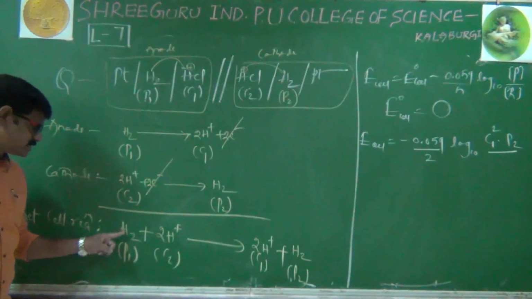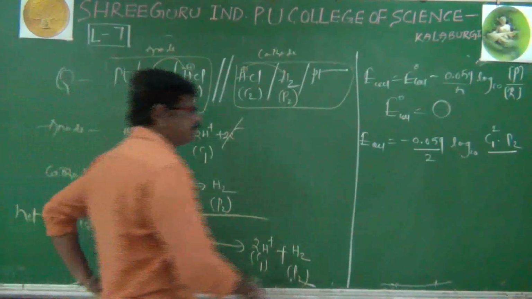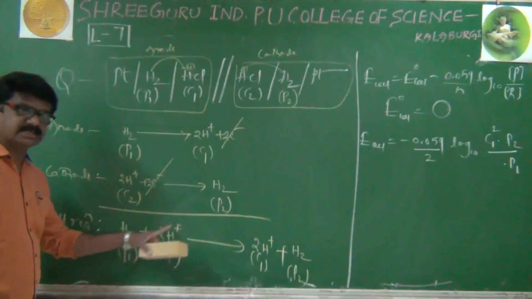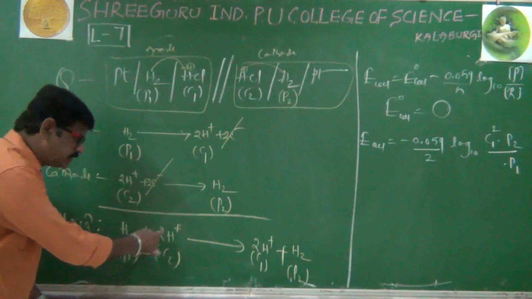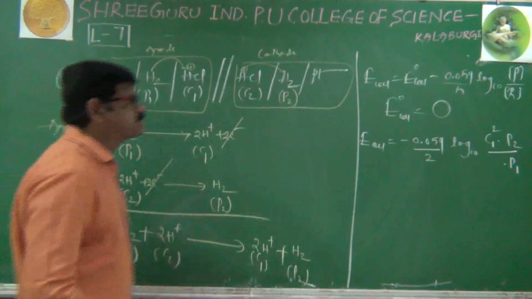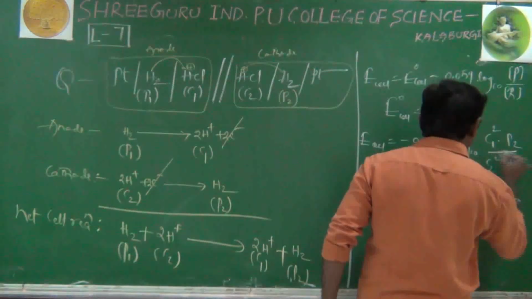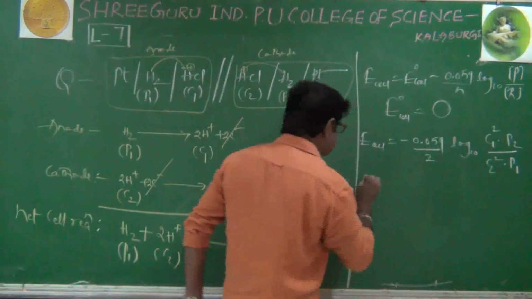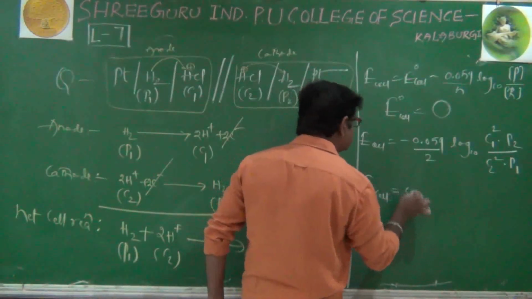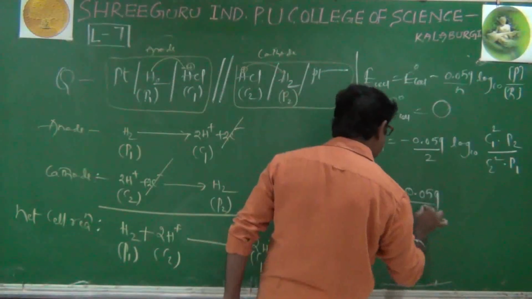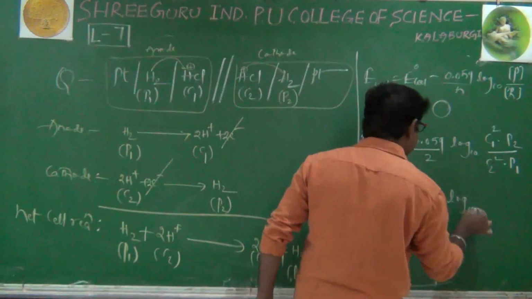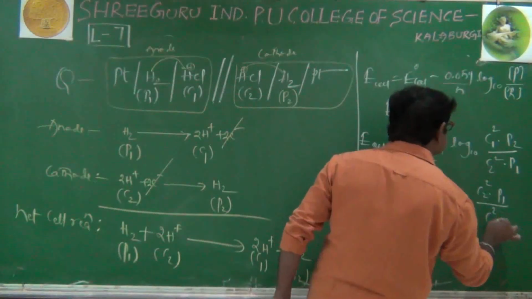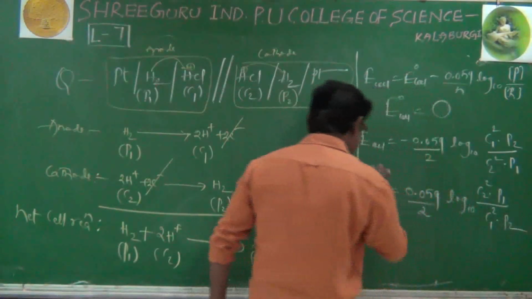Reactants means again the same: instead of H2, we will write P1, and next H+ squared, because the stoichiometric coefficient is 2, instead of H+ squared, we will write C2 squared. If you remove this minus, then both can be interchanged. That is, E cell is equal to 0.059 divided by 2 log base 10 of C2 squared P1 divided by C1 squared P2. That's it. This is the formula.